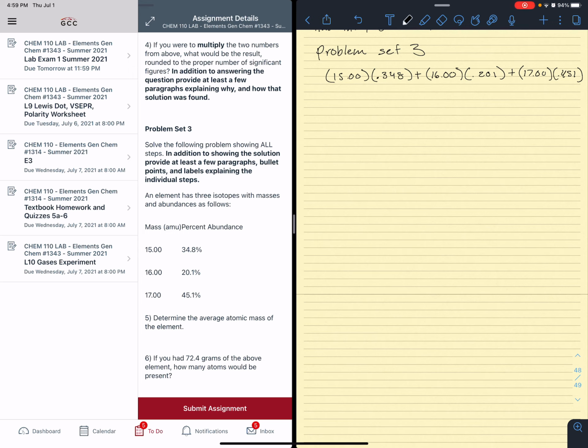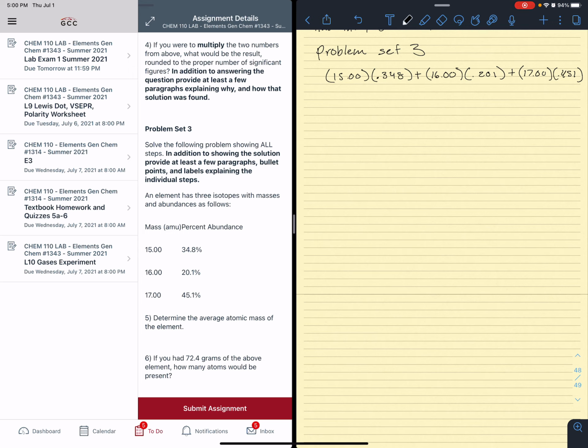Just a moment. 15.00 times 0.348, plus 16.00 times 0.201, close, then plus 17.00 times 0.451.